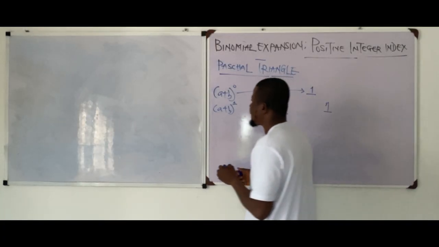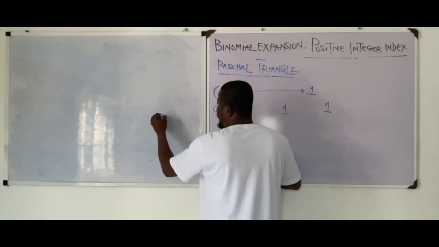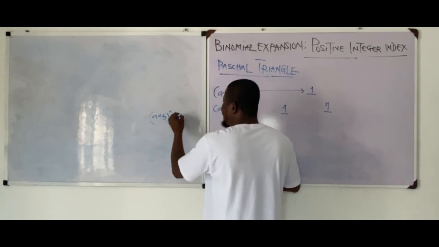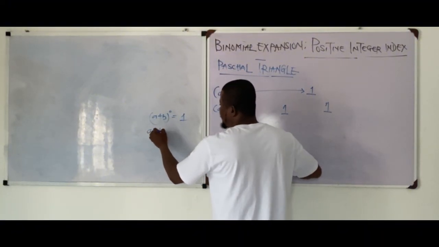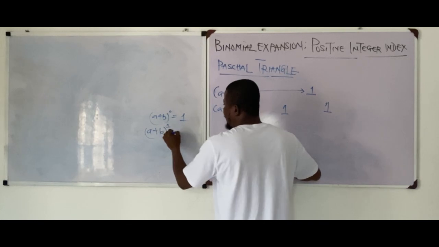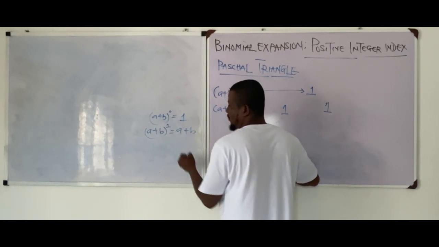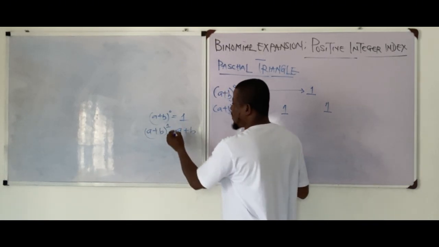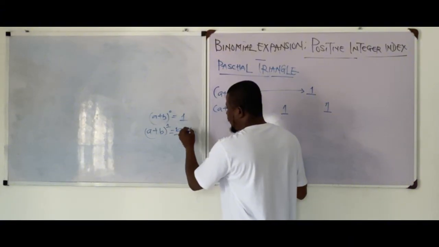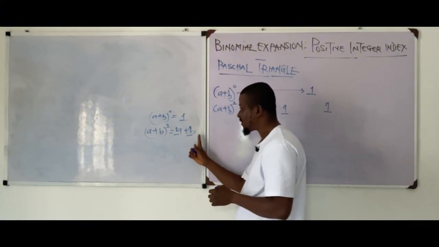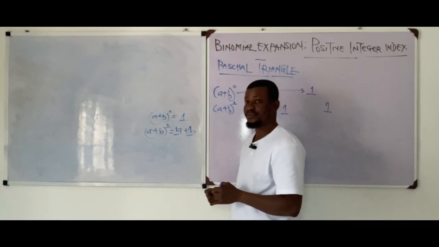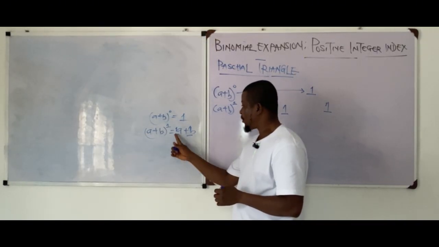So what we are saying is, if I have (a + b) to power 0, the answer is 1. Any number raised to power 0 is 1. Now if I have (a + b) raised to power 1, it is still the same thing as a + b, right? But the fact is, the coefficient here is 1 and the coefficient here is 1. So what Pascal triangle gives you is the coefficients of the terms in that expansion. So the coefficients here are 1, 1.